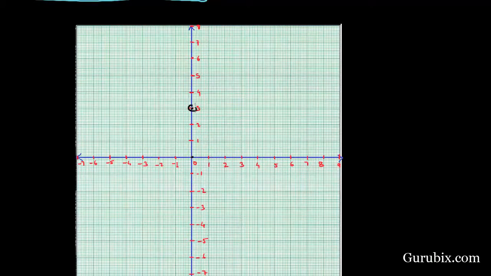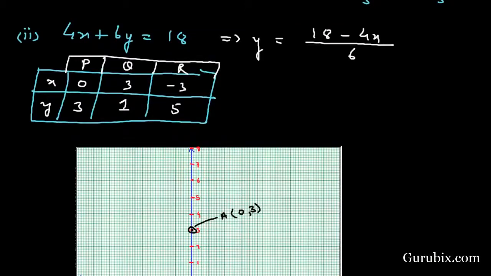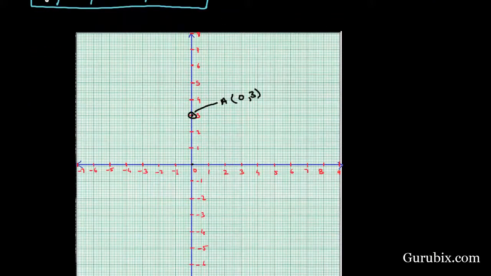we have this point, and we shall denote it by point A, and A is (0, 3). The second point is (3, 1), and here is 3 and here is 1. So this point is (3, 1).